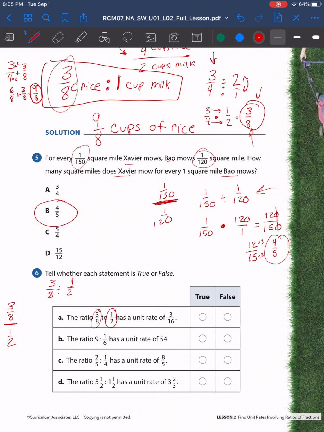So I'm going to skip my first one, so it's still going to be 3/8. I'm going to flip my next one, so it's going to be 2 over 1, and then I multiply. And multiply straight across. 3 times 2 is 6. 8 times 1 is 8. 6/8. So this says it has a unit rate of 3/16. Do those match up? No, so that is false.